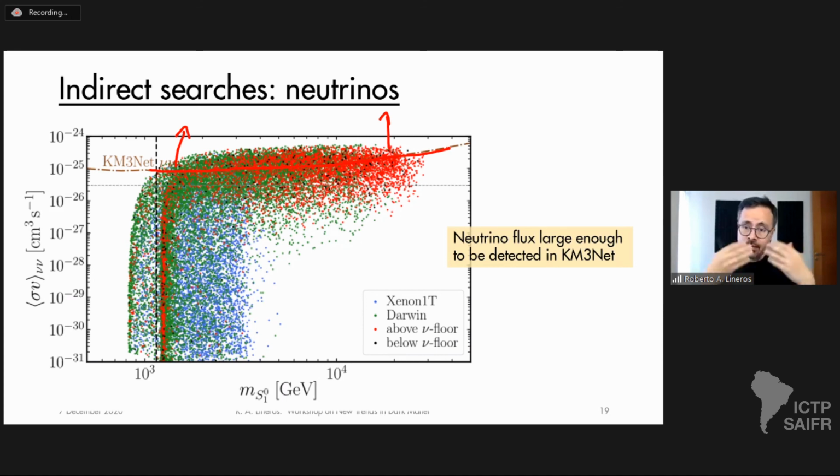So in that sense, the complementarity between CTA and KM3NeT, the W channel, the tau channel, the neutrino channel, is very interesting, because in the next five or ten years all these experiments are going to be running. So it could be potentially interesting.